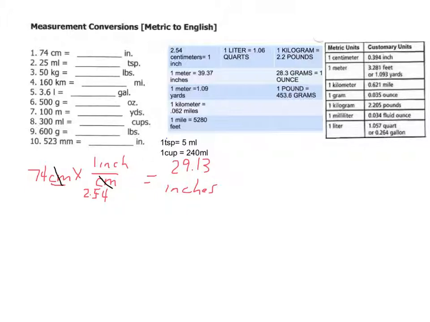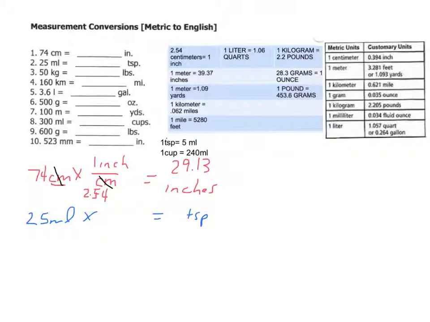Now let's look at number 2. Now on number 2, we have 25 milliliters. And we need to convert from milliliters over to teaspoons. So we know our answer is going to be in teaspoons. And we know that 5 milliliters equals 1 teaspoon.